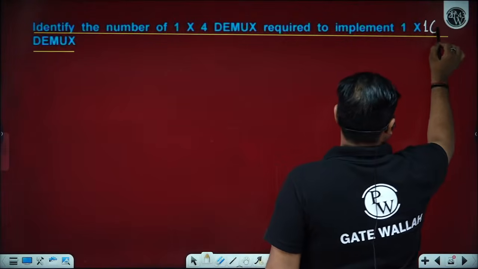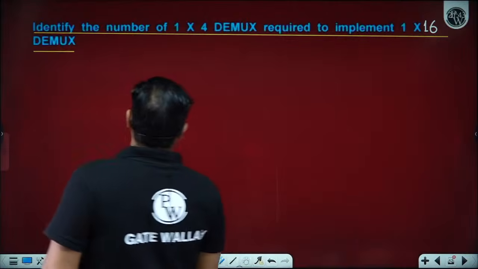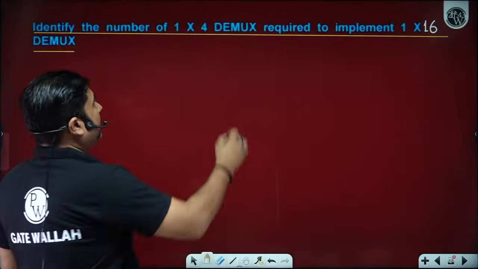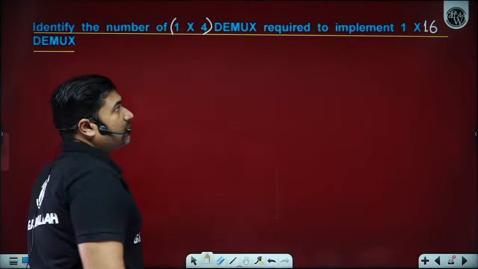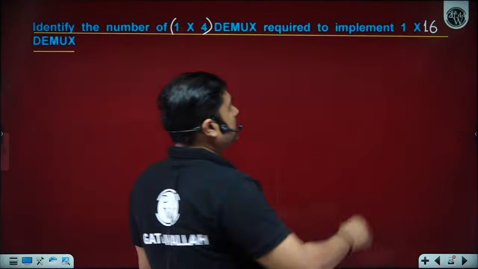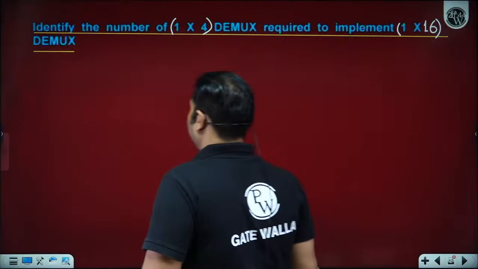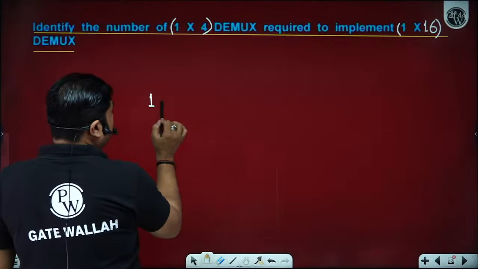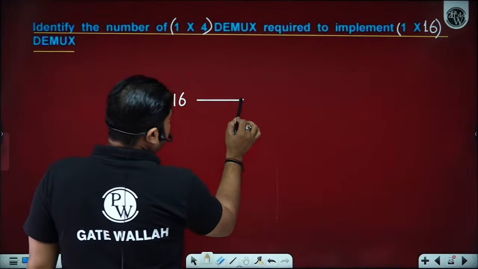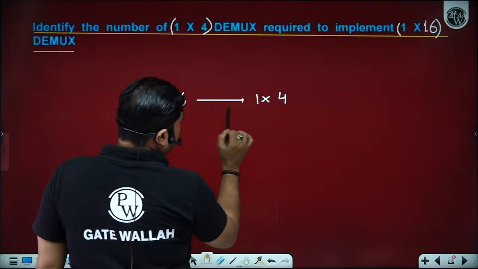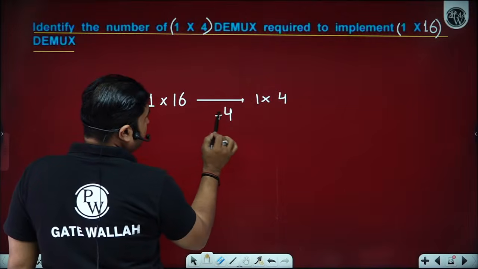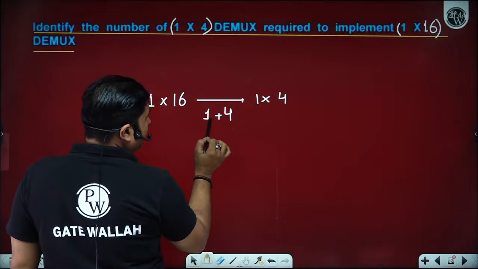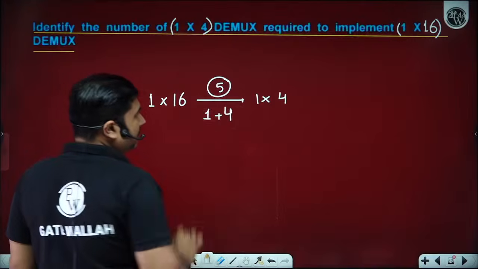Can you tell me how many 1 cross 4 demux are required to implement 1 cross 16 demux operation? Okay, yes, sir. So we have to implement 1 cross 16 and we have to use 1 cross 4. So 4 plus this 4 when divided, it will become 1. So total required will be 5.